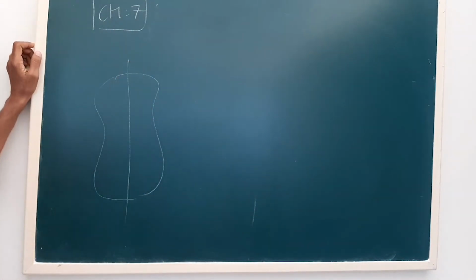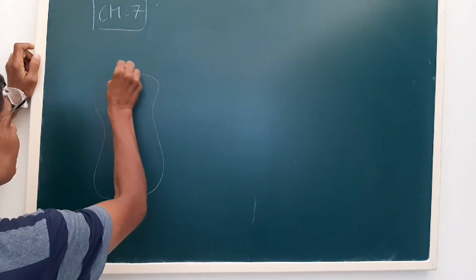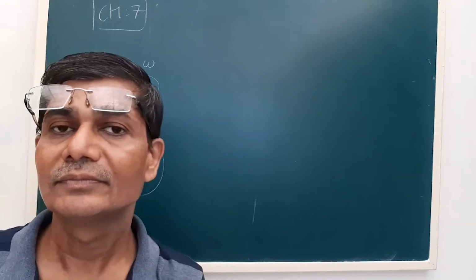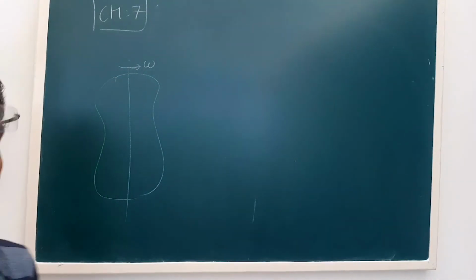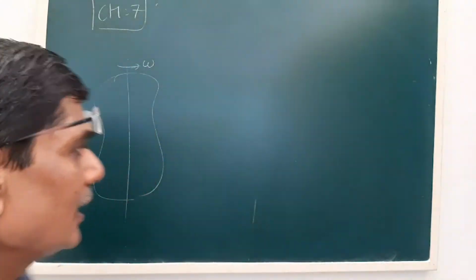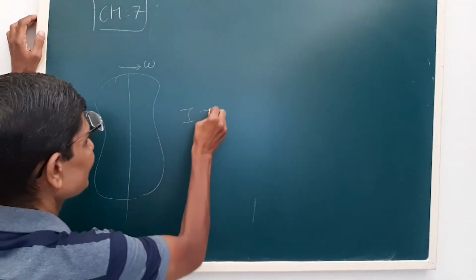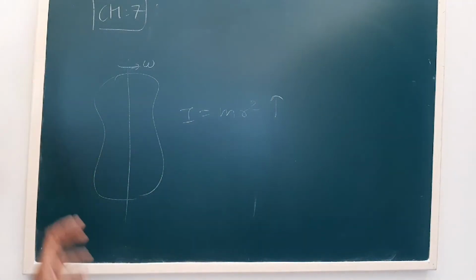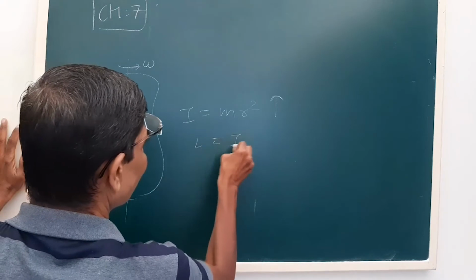See what happened. Let us say this is the axis of rotation. See, when they unfold their hands like this, the R increases, so I is equal to mr square increases. Okay, why? Because we assume no torque acts on it. Now see, L is equal to I omega.